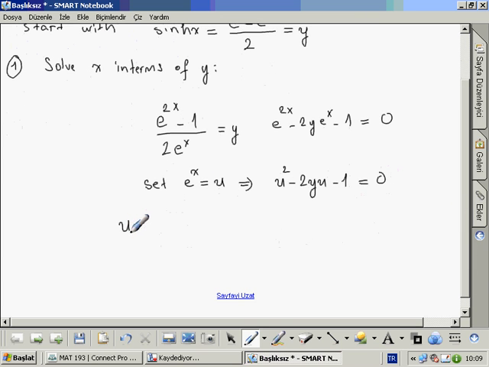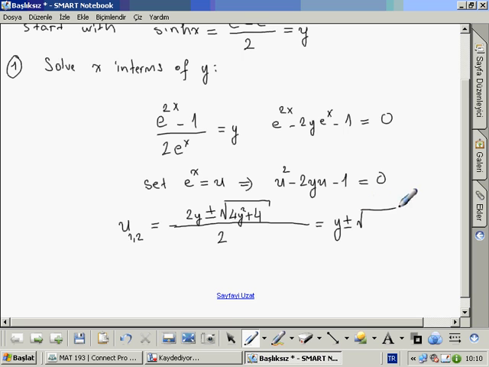The roots of u will be equal to minus b, which is 2y, plus or minus the square root of the discriminant, which is 4y squared plus 4, the 4ac, over 2a, and a is 2, so it's equal to y plus or minus the square root of y squared plus 1.